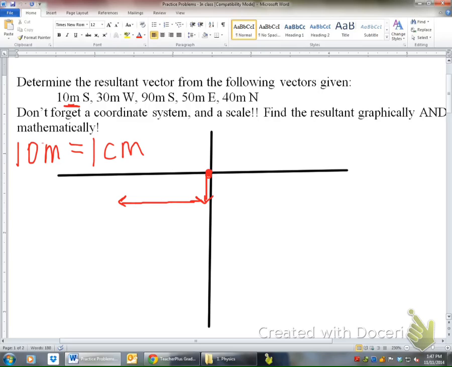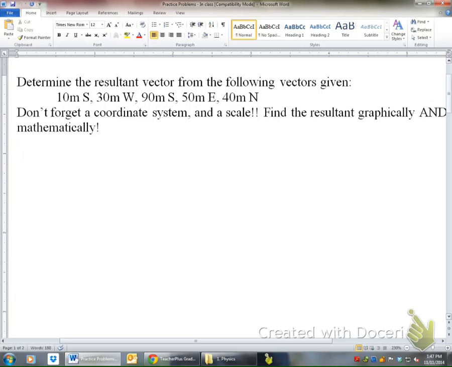Then you measure from your origin to the tip of that final arrow. Oh, I don't have enough room on mine to draw it all the way. If you do your full version, it's going to look better than mine because I'm not going to be able to draw it all the way to scale. I'm going to draw a rough sketch of mine because I don't have enough room.